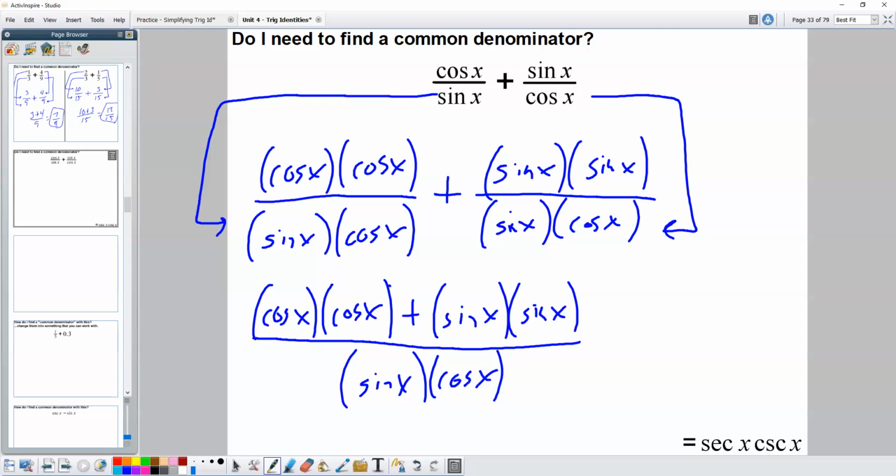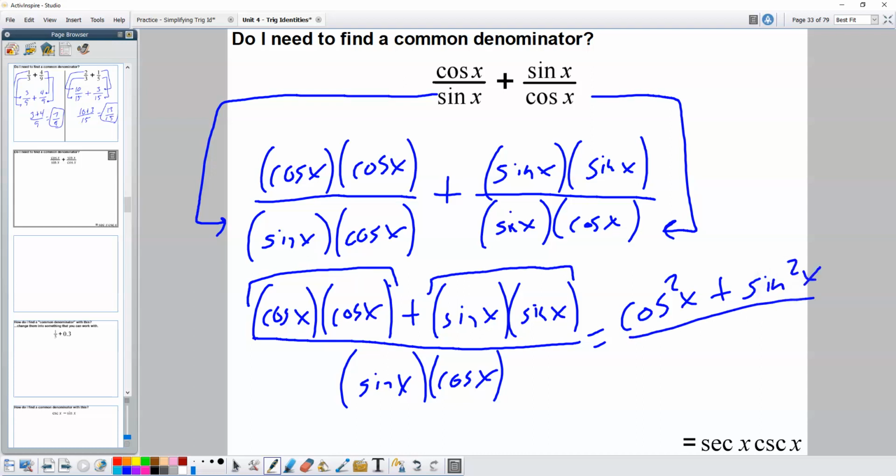That's obviously not my answer down there. I'm noticing that cosine times cosine is cosine squared. So I could have cosine squared of x plus sine squared of x over sine of x cosine of x. The thing up top is just 1.